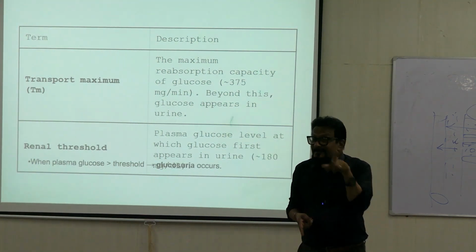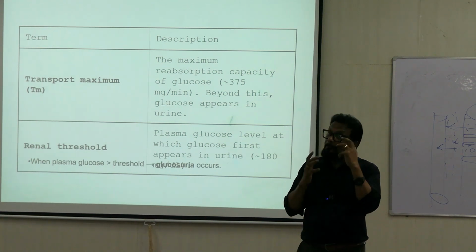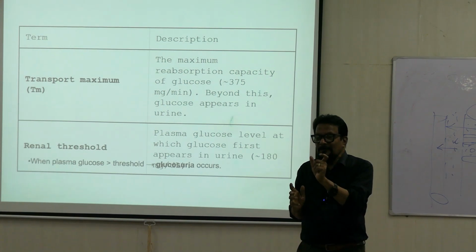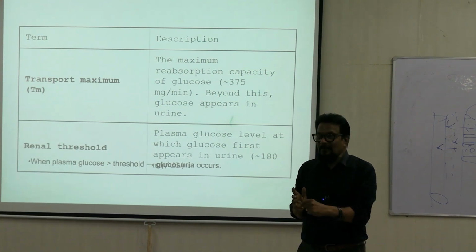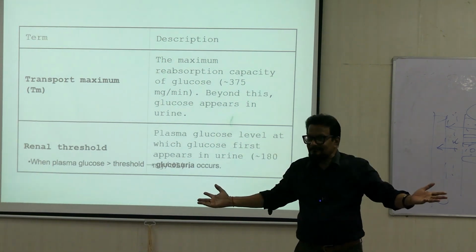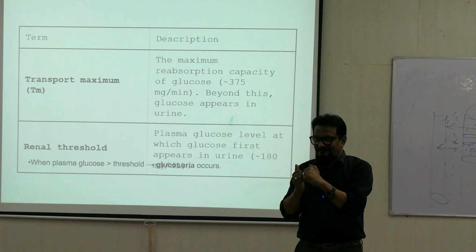And some enzymes are there, but their number of receptors and amount of enzymes is not unlimited. So there is a limit.